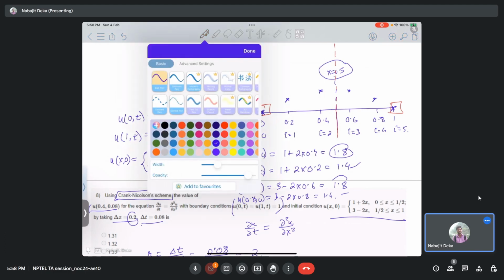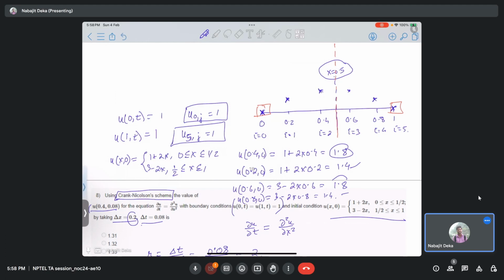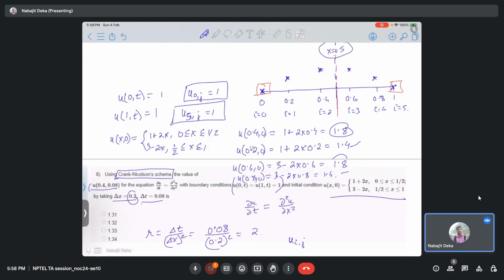Since the boundary conditions and the initial condition are symmetric about x equal to 0.5, the profile of u that will be generated after a certain time will also be symmetric, because there is nothing that can break the symmetry of the problem.